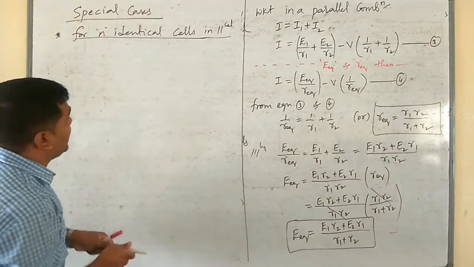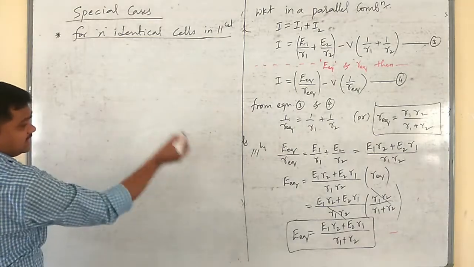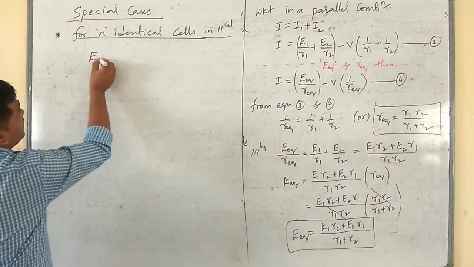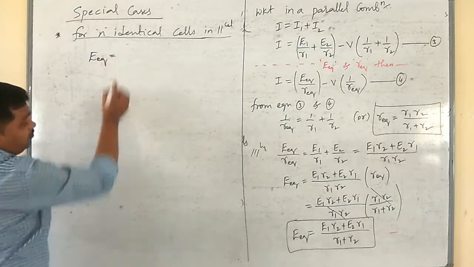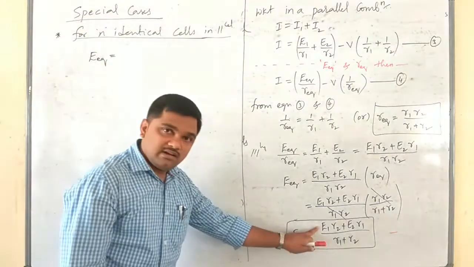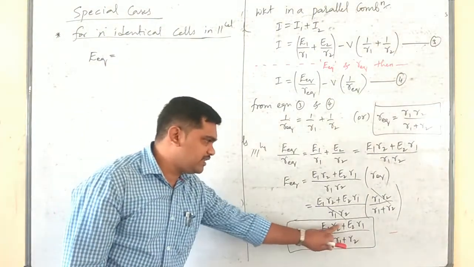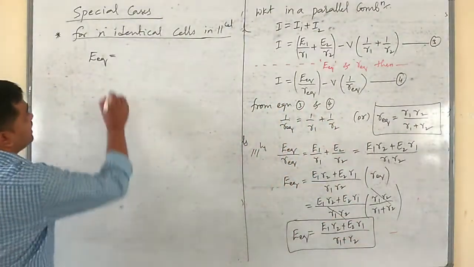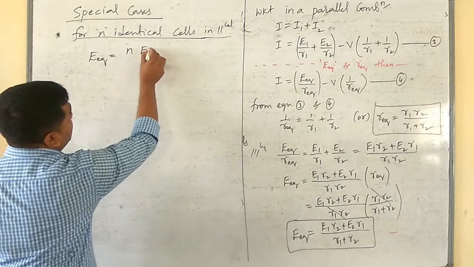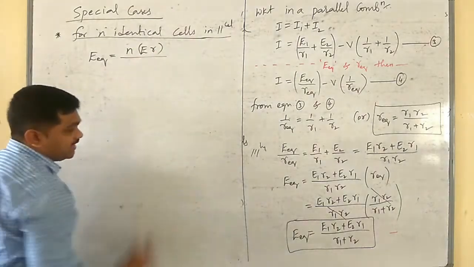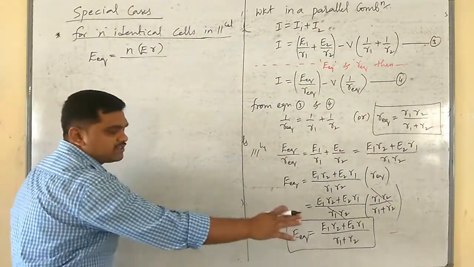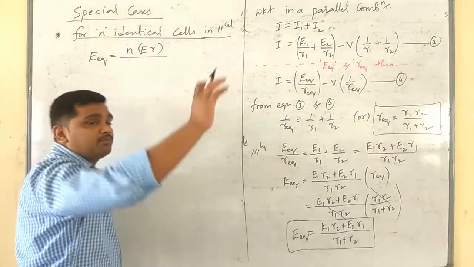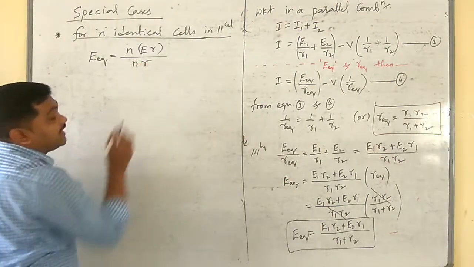When they are connected in parallel, what we get here, please remember, is that the E equivalent equation will become, see, for n identical cells, it becomes Er plus Er and so on, and finally it becomes n times Er. In the denominator, r1 plus r2, meaning r plus r up to n terms, is nr.